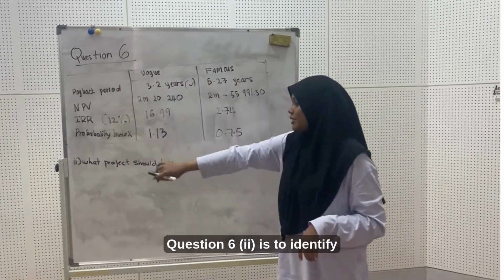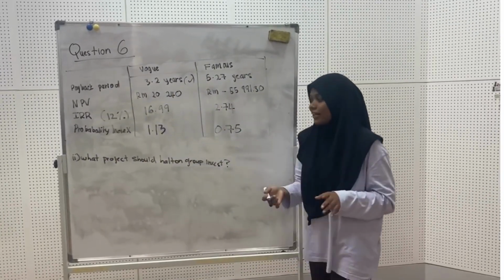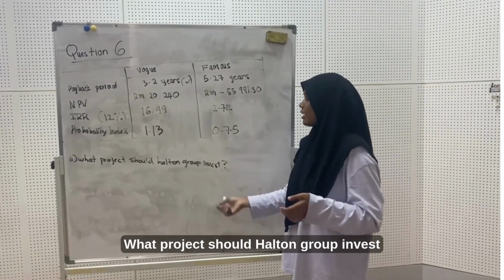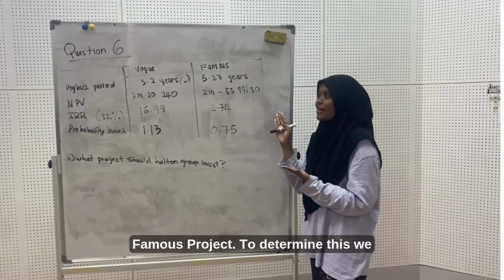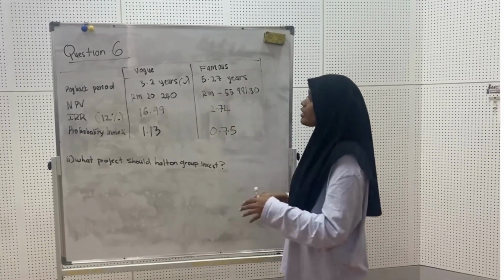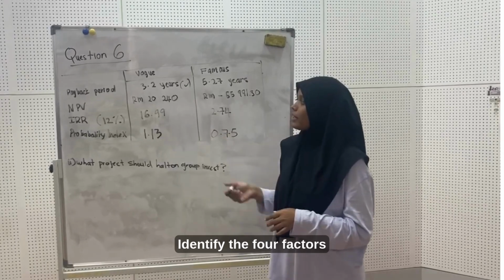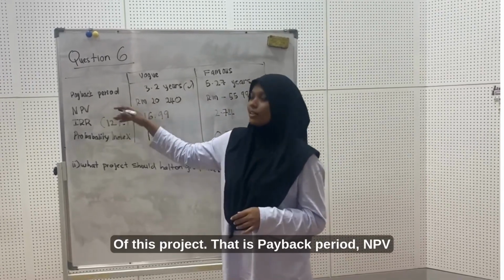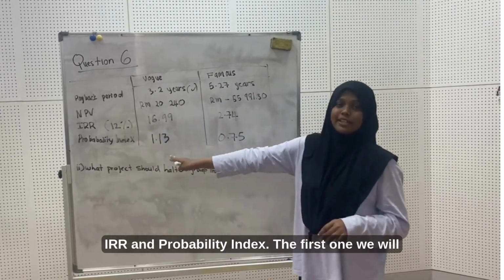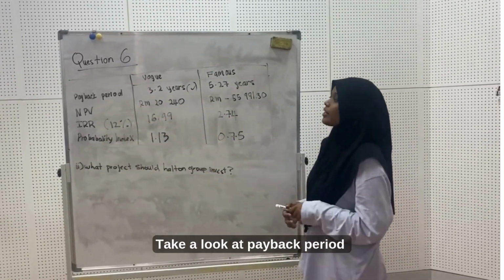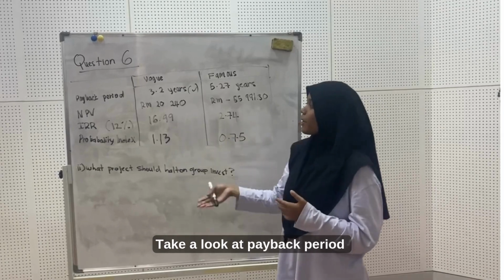Question 6 Roman 2 is to identify which project shows a healthy growth investment between the book project and the famous project. To determine this, we identify the 4 factors of this project, that is payback period, NPV, IRR, and profitability index. First, the payback period.